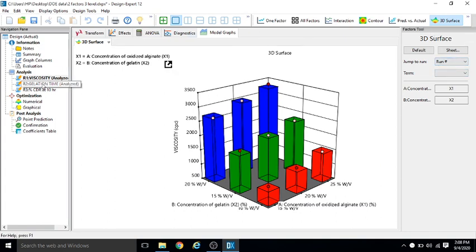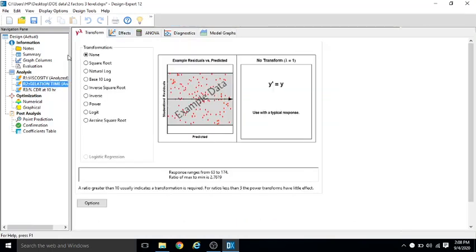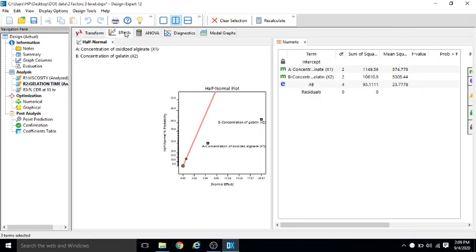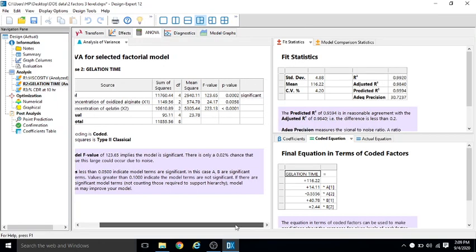Click on the second response, that is gelation time, and again transformation none. In the effect, you can see that for gelation time, gelatin is playing a more important role than the concentration of oxidized alginate. When you click on ANOVA, again the model is significant.